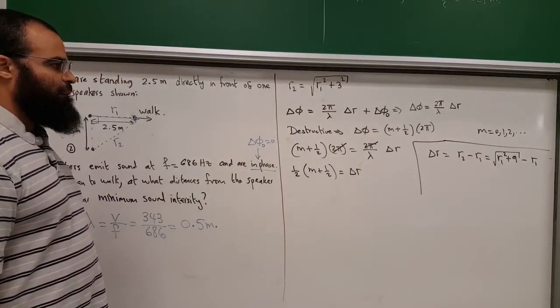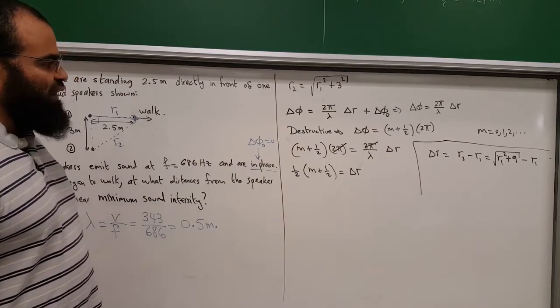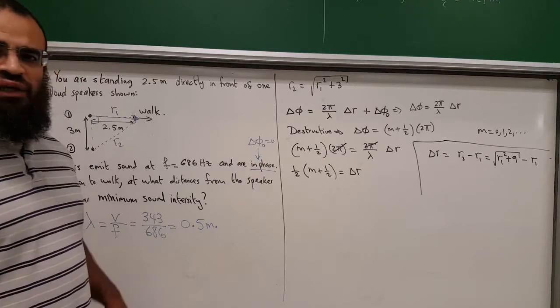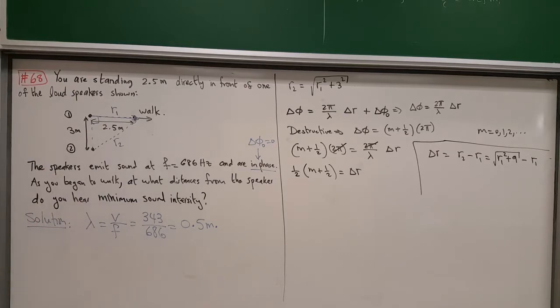If I want to solve for r1, I have to do some algebra here. I have to square both sides in order to solve for r1. So let's carry on.